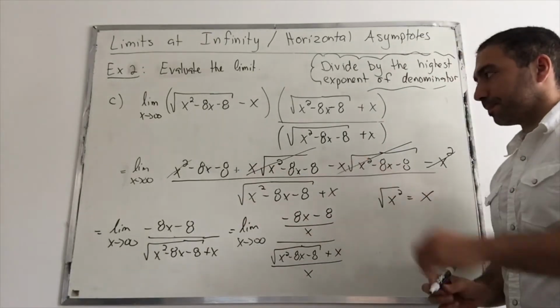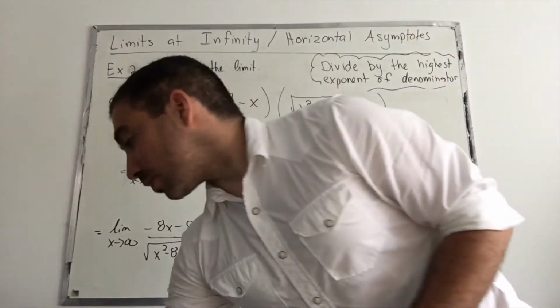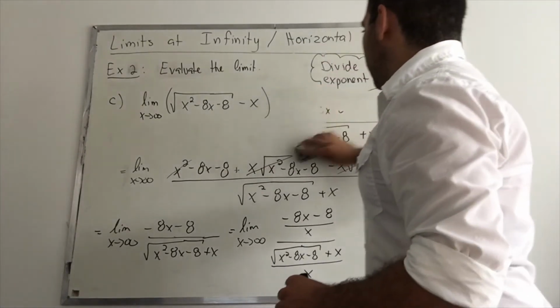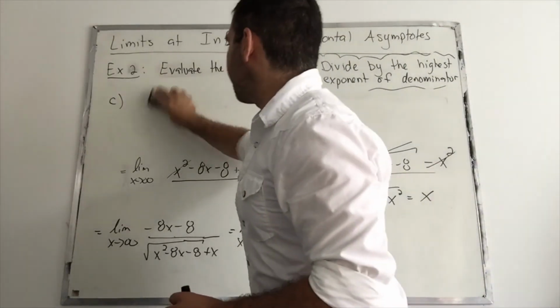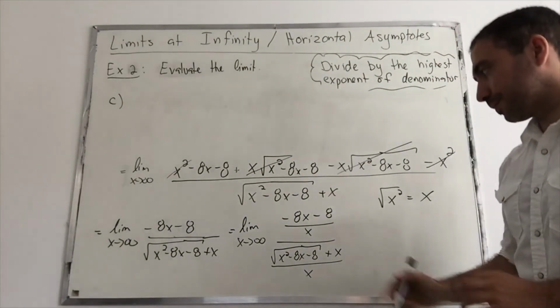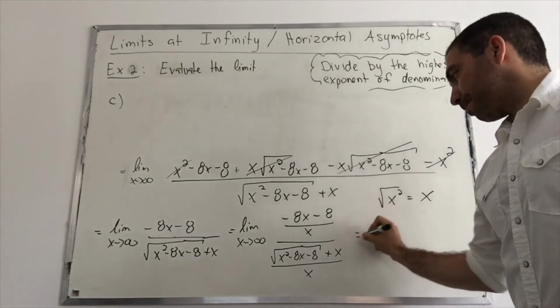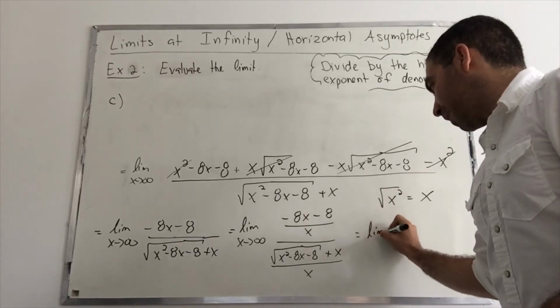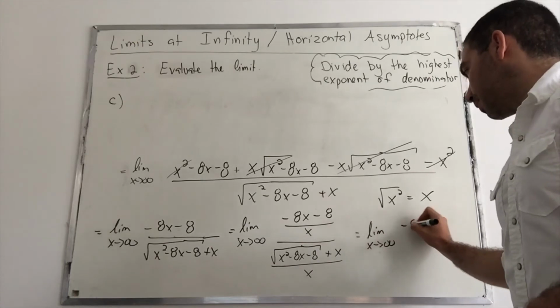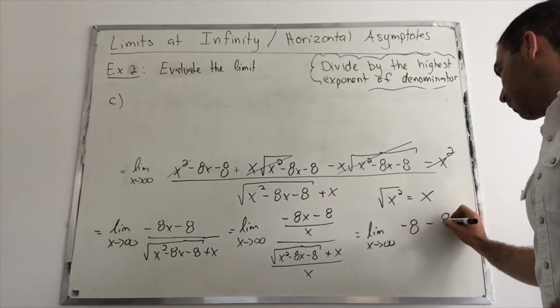Okay. So let me just erase the top to give myself some room. This gives us, here we get negative 8 minus 8 over x.